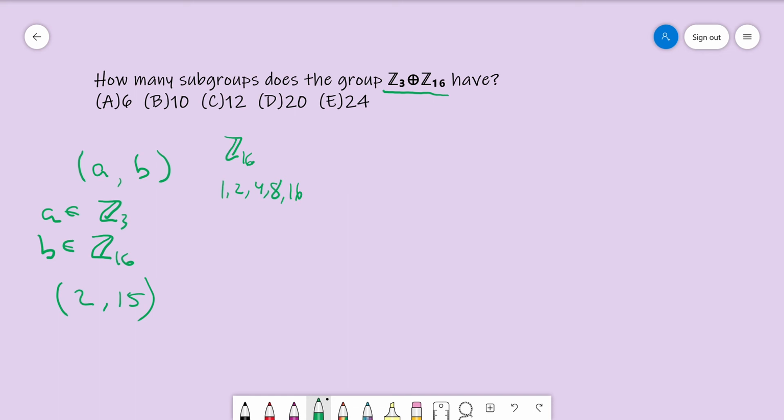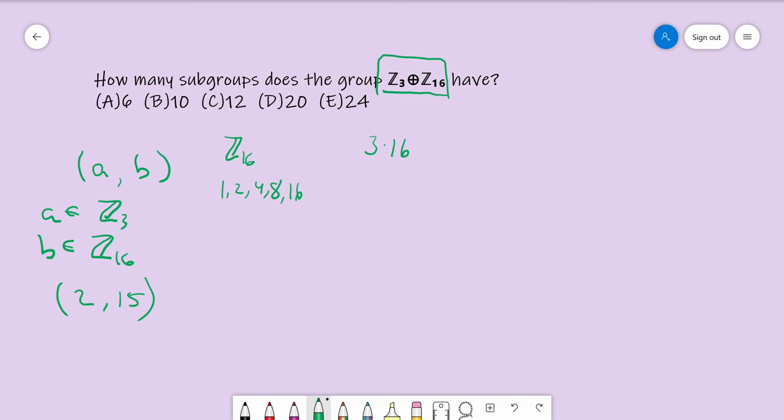Okay. Now the question is, what's the order of Z3 plus Z16? Well, since 3 and 16 are relatively prime, actually it doesn't even matter that they're relatively prime. For any direct sum or direct product of two groups like that, the order will be the product of the orders of each of the groups.